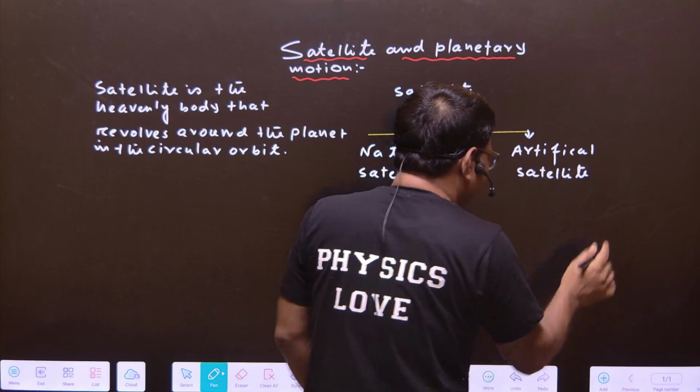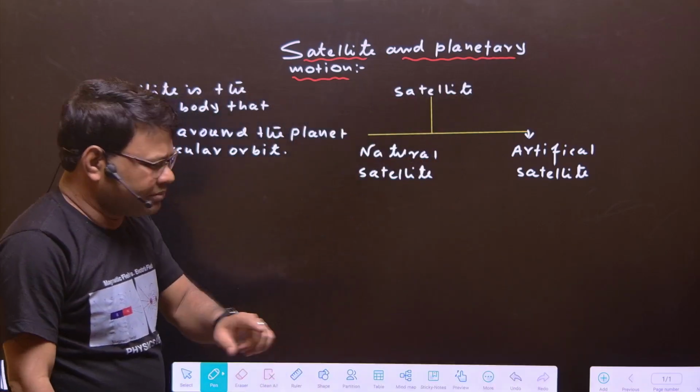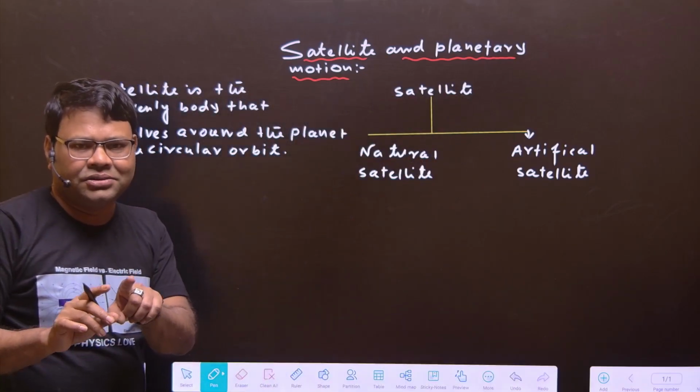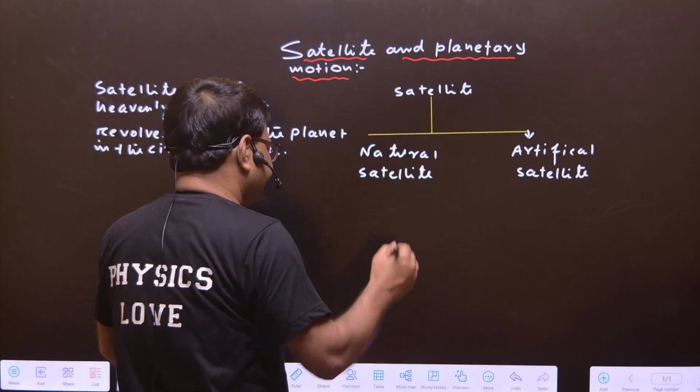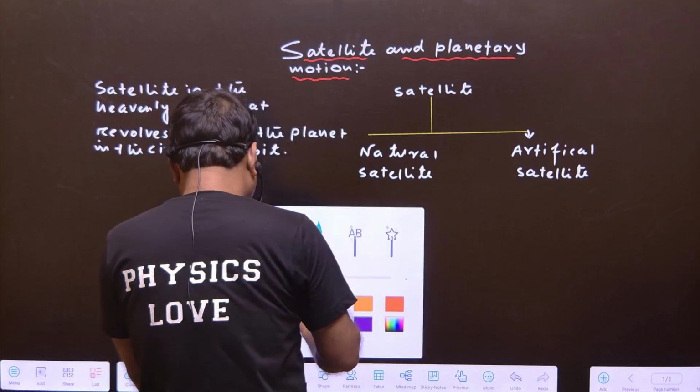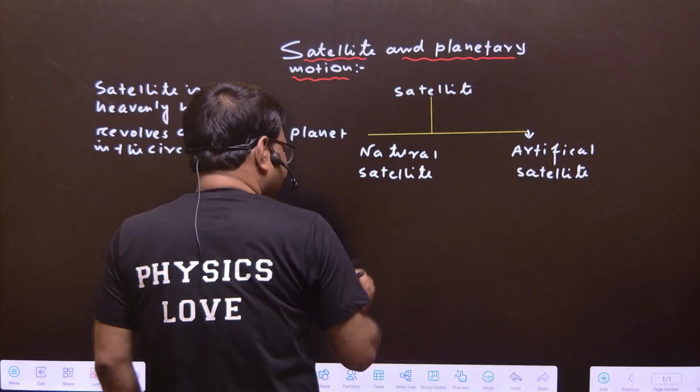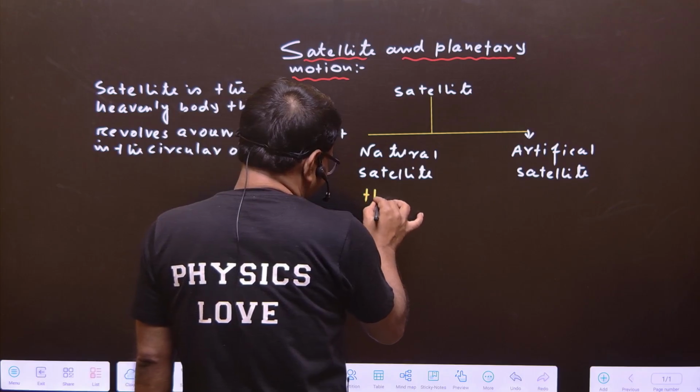Natural satellite means, suppose the moon is revolving around the planet Earth.